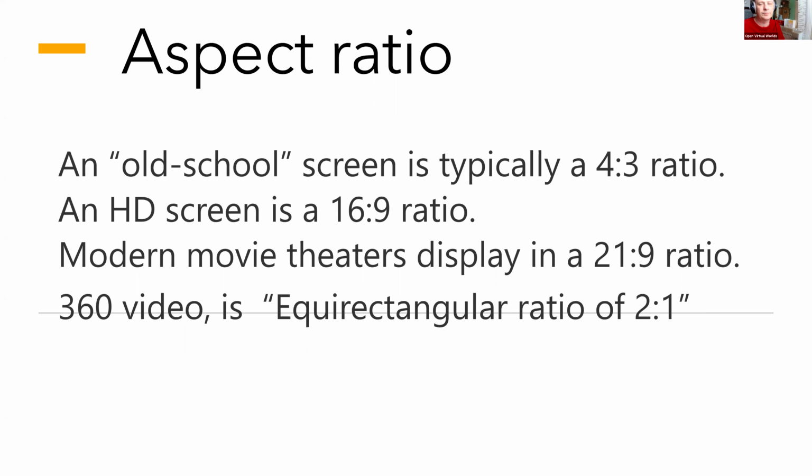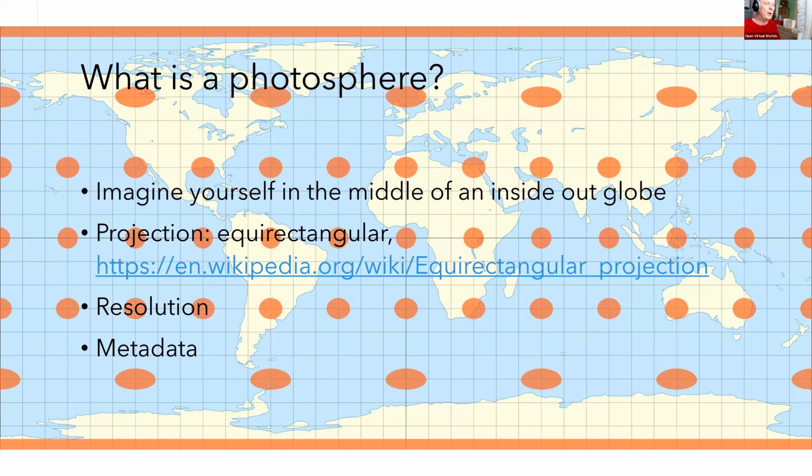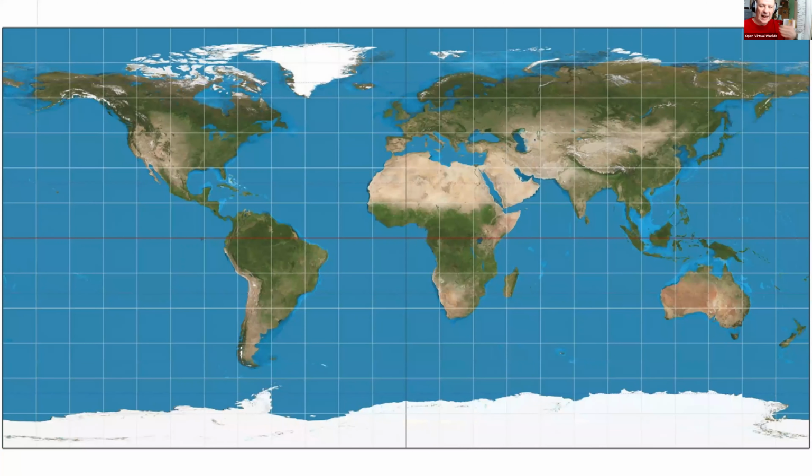So when you have a 360 image projected onto a flat surface, the ratio is 2 across and 1 down, which is the same ratio as we have for HD monitors and 4K monitors and the like. So 2:1 is the ratio that we're working with.